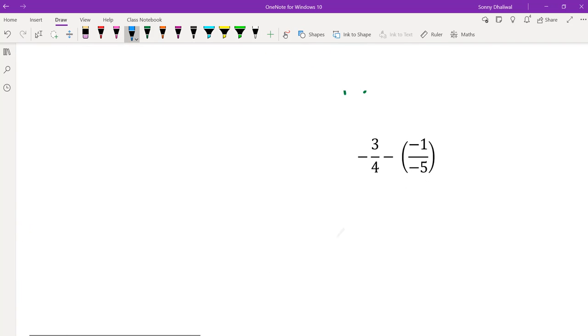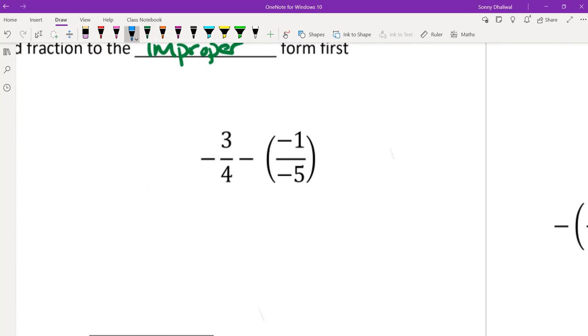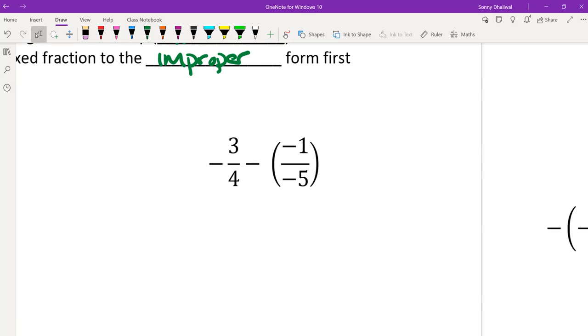Now, on this question here, we've got a whole boatload of negatives. And so we need to pair up the negatives to make positive. Now, when multiplying, everything is like one term. All those negatives apply to every single number. When adding and subtracting, it's not the same thing. You can only cancel out negatives that exist on the same fraction.